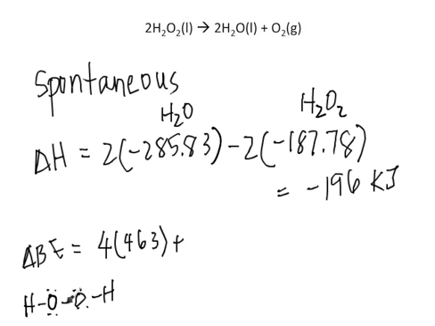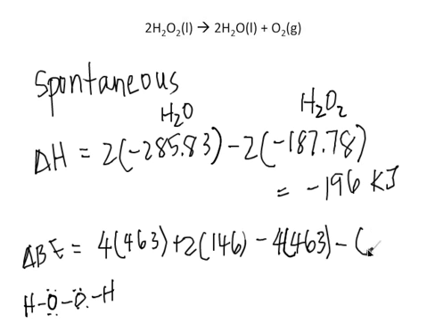We're going to be breaking 2 O single bonded to an O. And then we're going to be forming 4 OH bonds, right, because there's 2 waters. And we're going to be forming 1 O double bond. This is going to give us a value of about minus 203.